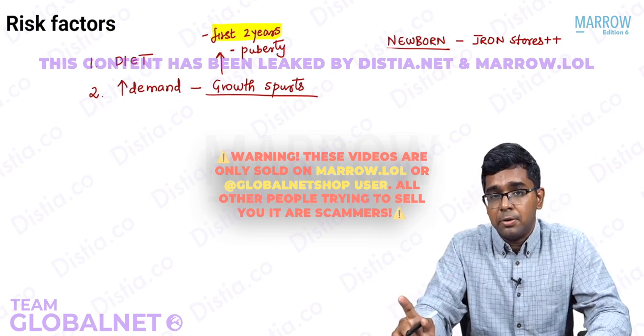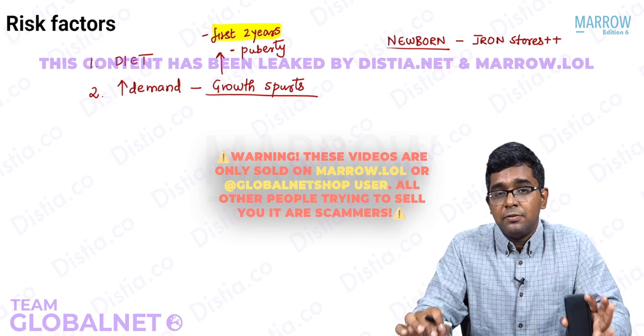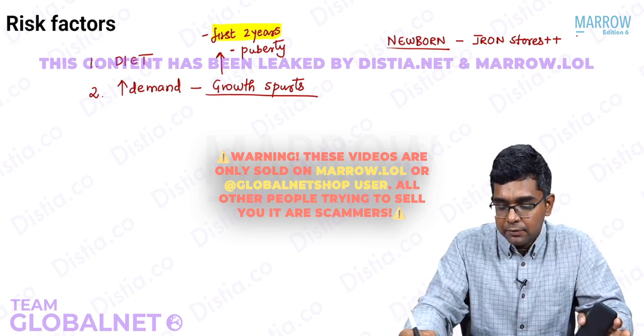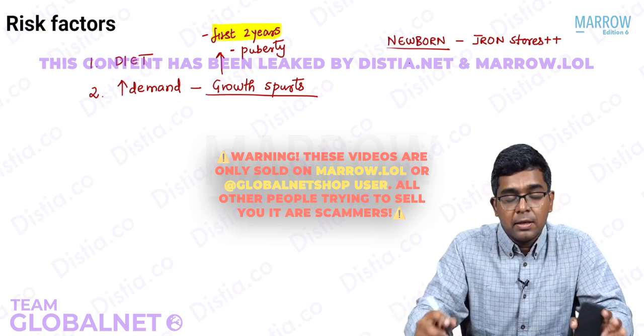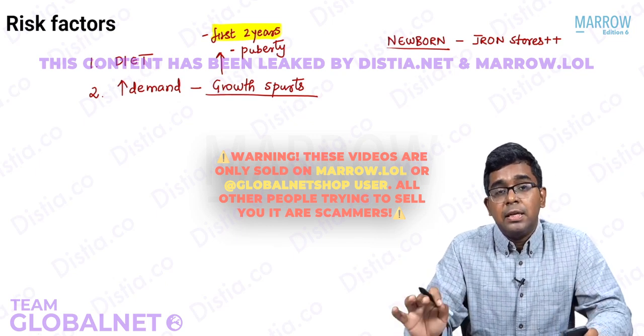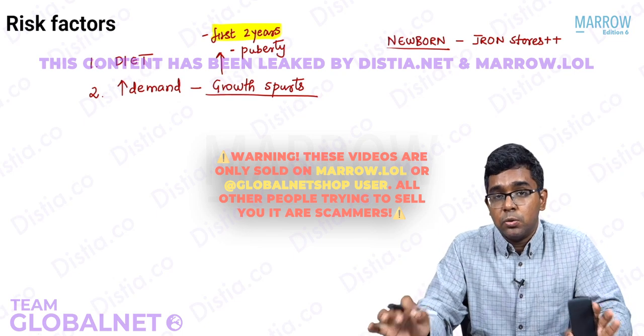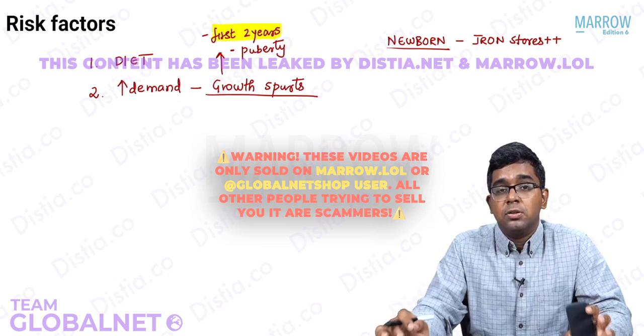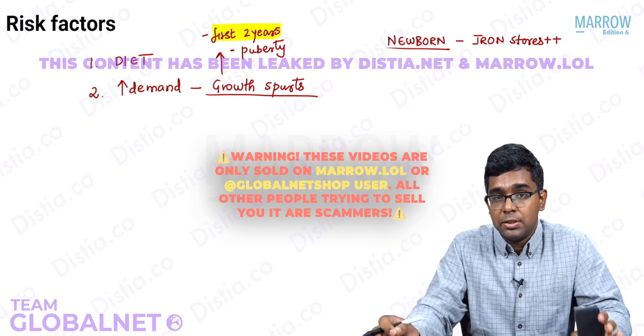So in the first few months of life, till the first 6 to 9 months, the child does not develop iron deficiency anemia even if the diet is low in iron, because of the protection afforded by the iron stores.